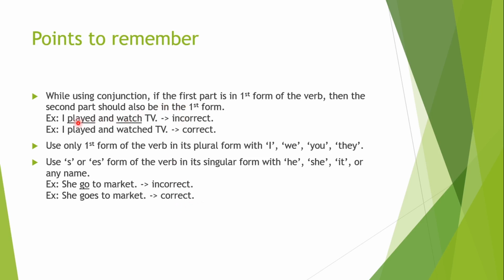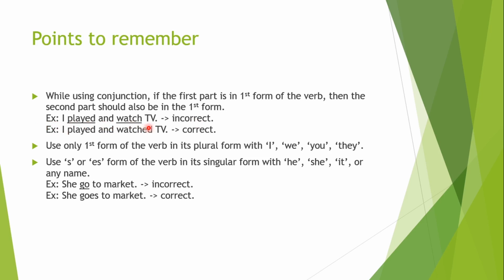Another point, while using a conjunction, if the first part is in the first form of the verb, then the second part should also be in the first form. You know that conjunction क्या होता है, जब दो sentences को join करता है जो word, that is conjunction, and, but, like that. अगर उसमें first part of the sentence past tense में है तो उसका second part भी past tense में ही होना चाहिए. अगर first part present में है तो second part भी present में ही होना चाहिए.